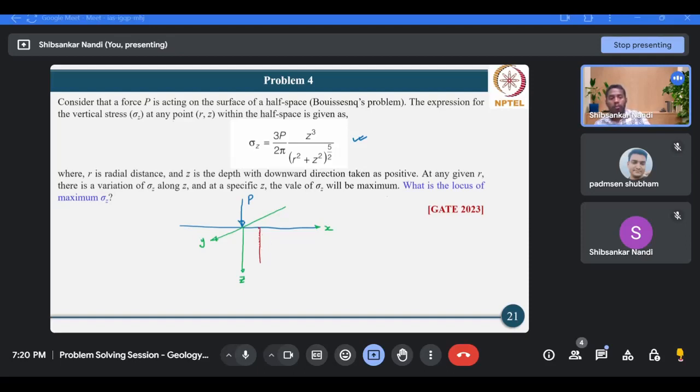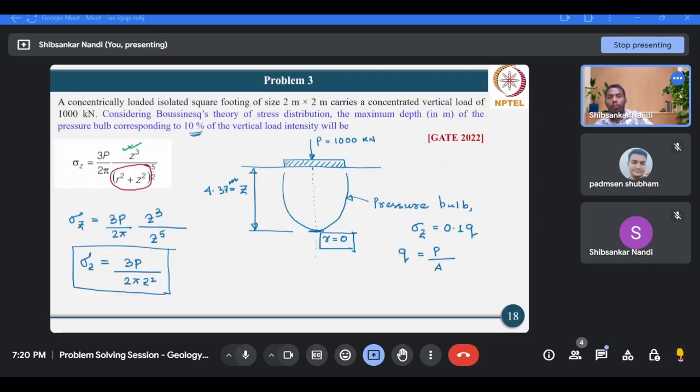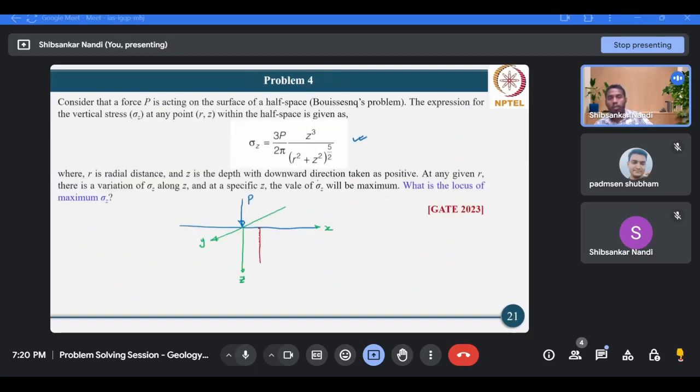However, as we have seen in the earlier problem, for example this plane, this is R equals to 0. So what's happening with Z? Your vertical stress is varying in a fashion that it's decreasing with increasing Z. So it's talked about in this problem statement as well, that at any given R, there is a variation of sigma z along Z, and at a specific Z, the value of sigma z will be maximum.